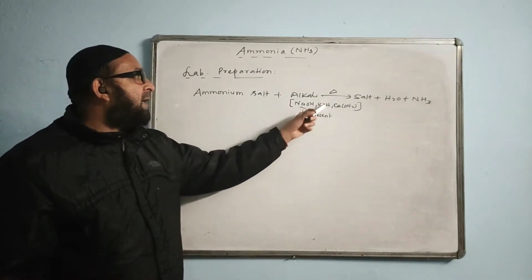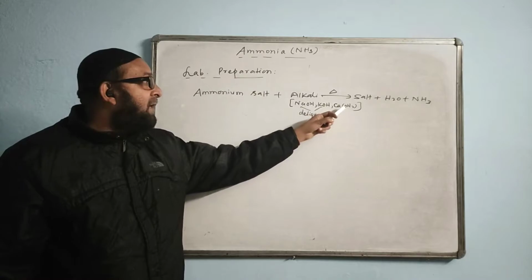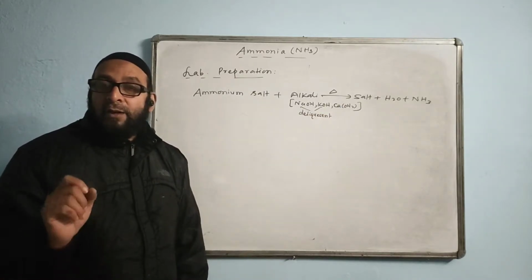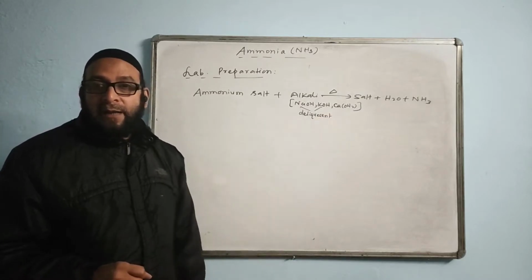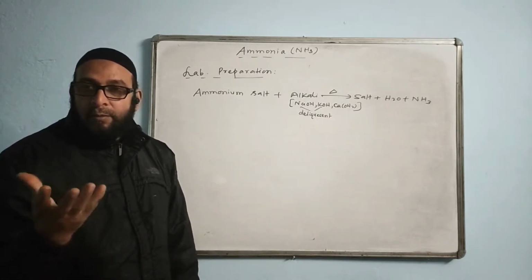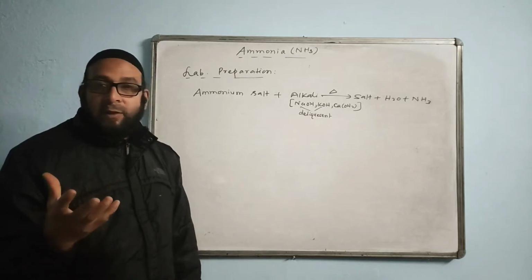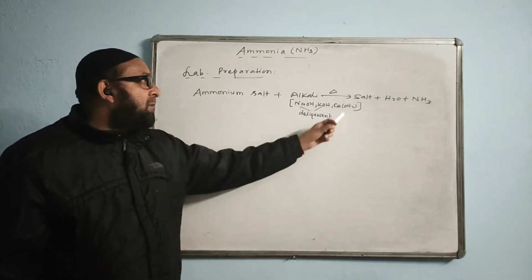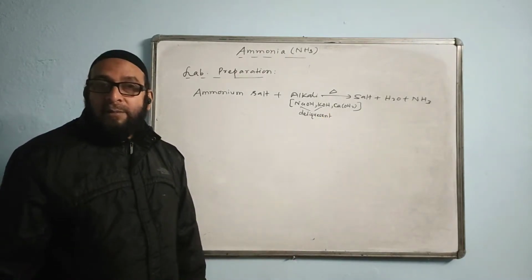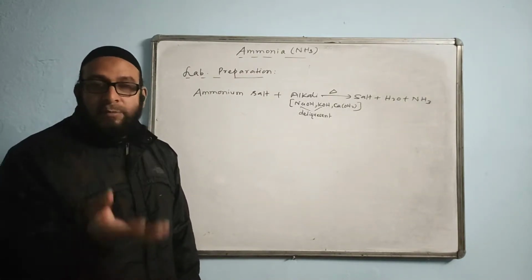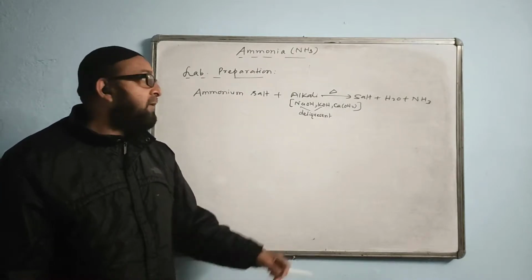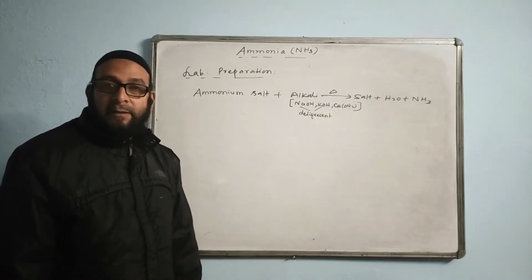So NaOH, KOH are deliquescent in nature, whereas calcium hydroxide is non-deliquescent. This is called slaked lime. It is a yellowish white solid. So this one is not deliquescent. That means this one is not going to change into liquid, even if we expose it to the atmosphere for a longer time.